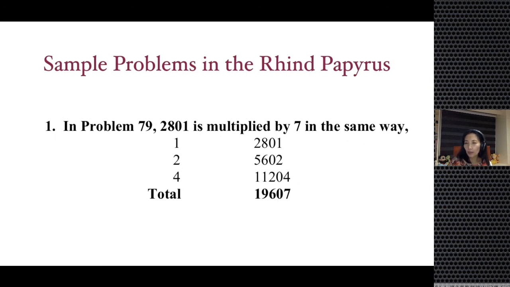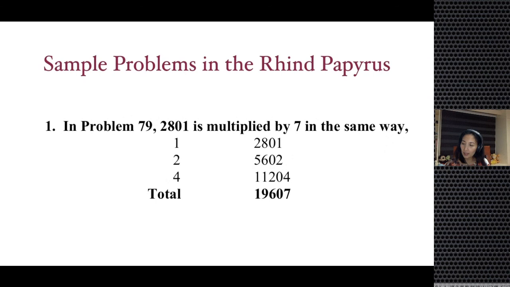And 2801 multiplied by 7. What did we say before? Multiplication in ancient Egypt involves constant doubling. So 1 and 2,801. Double it, becomes 5,602. Double it, we'll have 11,204. And since our multiplier is 7, check for a combination of numbers along the first column whose sum is 7.